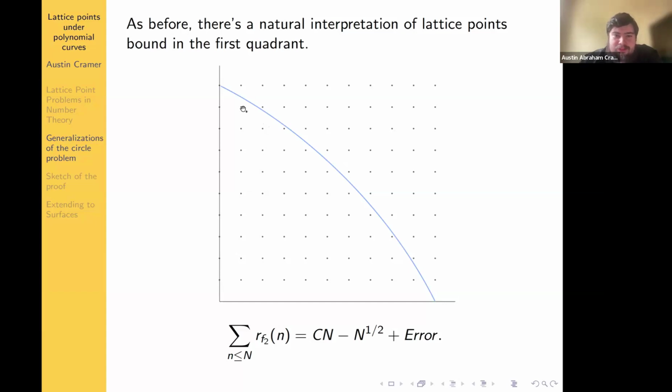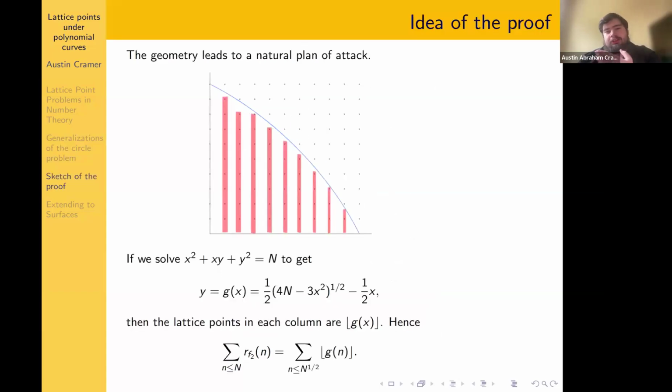And so when we have this picture in mind, that suggests a natural plan to attack this. So for something like x squared plus xy plus y squared equals n, a form like this, I can solve explicitly for one of my variables, say y, and I just say y is this function g of x, where I can solve it using a good old-fashioned quadratic formula like we're back in high school.